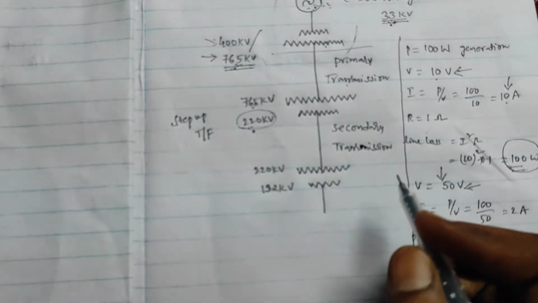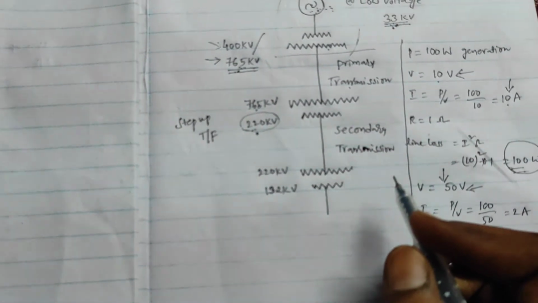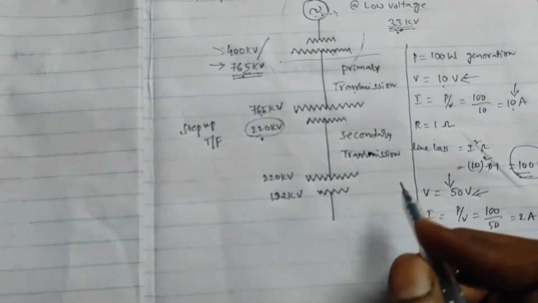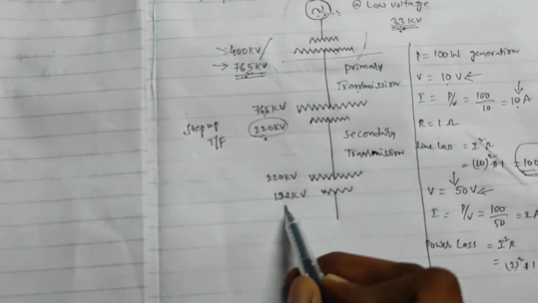And we can have industrial consumers who can take power at this voltage, say 132 kV.